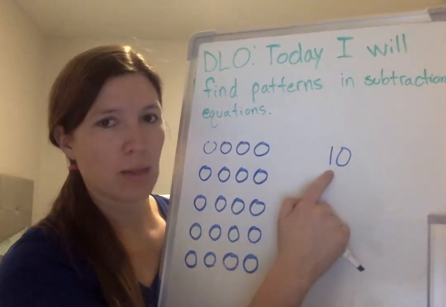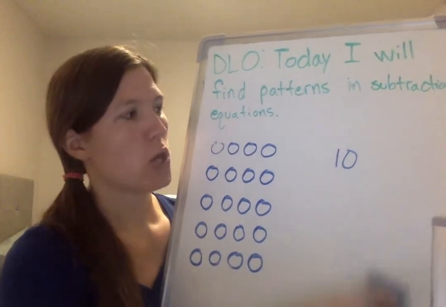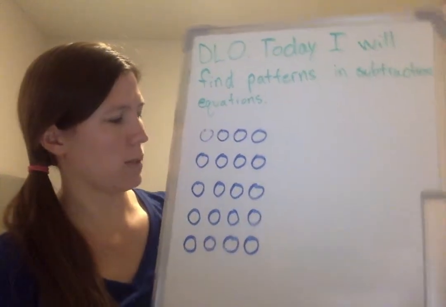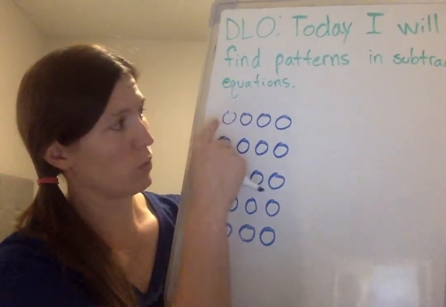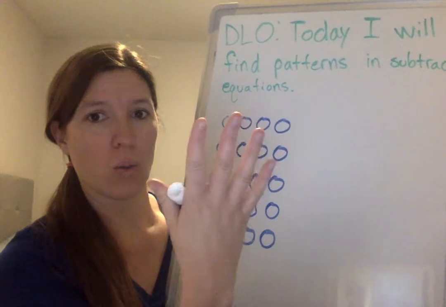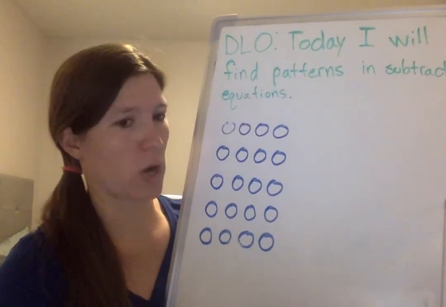So whatever the number is, plus one more is how many ways you can make that number. So we're going to look at the patterns that we find in the number 4 today. I drew 4 dots 5 times because if it's the number 4, one more is how many times I can make that number. Same with subtraction.